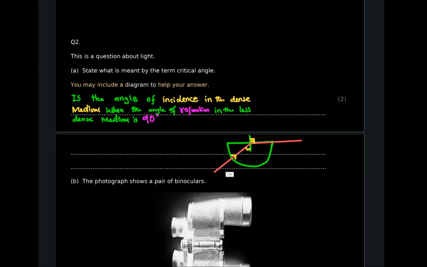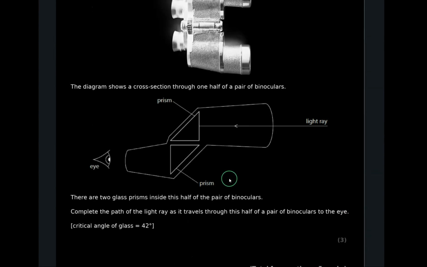So it goes straight into the glass without being refracted, and it hits where we have the normal at the central point. Then the ray is going to move along the flat surface such that it forms 90 degrees. So the angle that we have here is called a critical angle when the angle at the top is 90 degrees. So this is another particular diagram you can draw if asked.